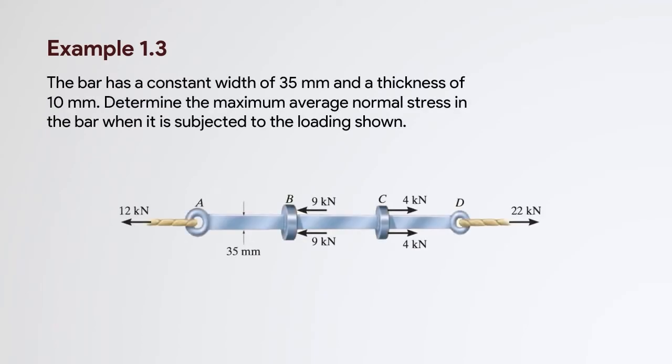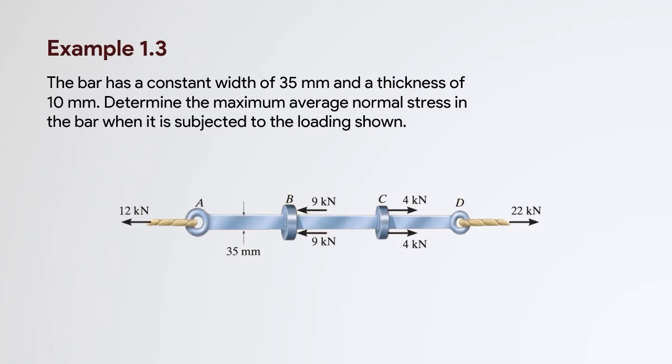Okay. For example, we have this bar which has a constant width of 35 millimeters and a thickness of 10 millimeters. We have to determine the maximum average normal stress in the bar when subjected to this kind of loading.